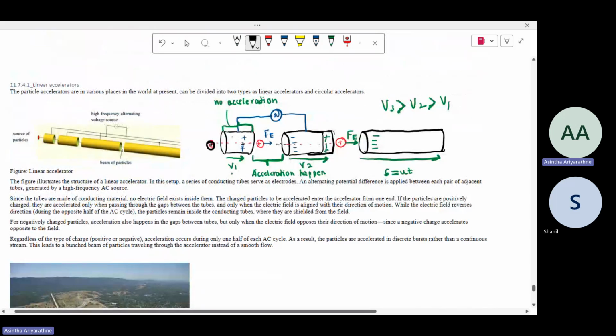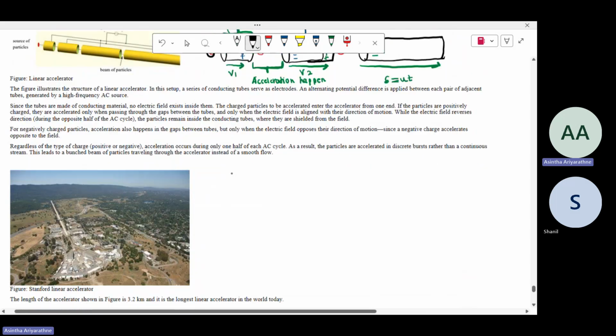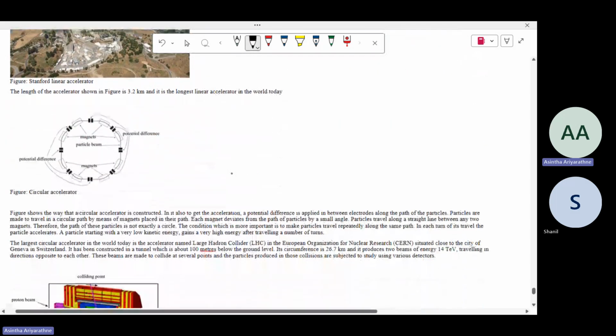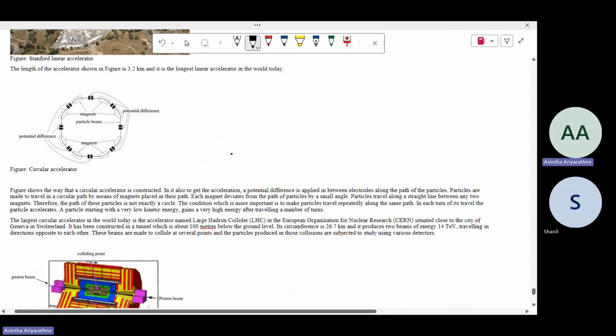To cope with this issue of having very lengthy tunnels, like this one of 3.2 kilometers, we now have circular accelerators like this. The mechanism is the same, using a magnetic field. The difference is that we now have magnets in between these gaps.